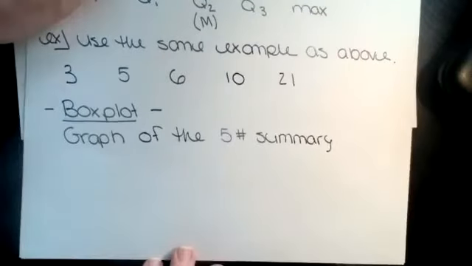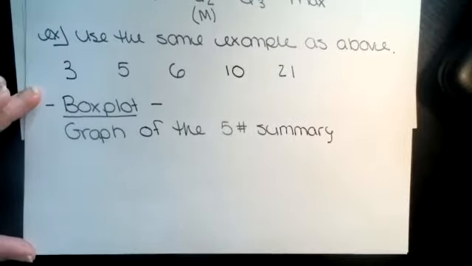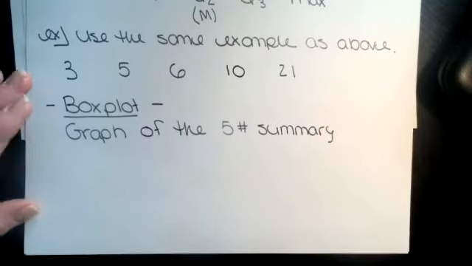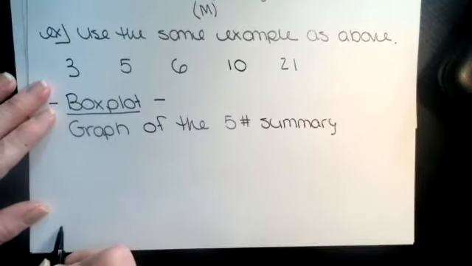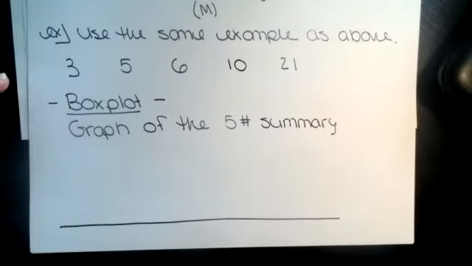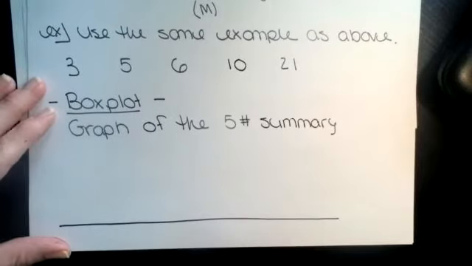So for the generic box plot, I'm going to go through the steps of how you would start, and then we'll apply it in the example. So for a box plot, you normally have some kind of a scale. And it's down here like a horizontal scale, okay? I don't have numbers to follow through. I'm just showing you something generic. So I'm just going to draw a line with no numbers on it whatsoever.